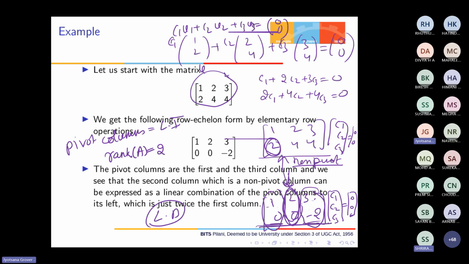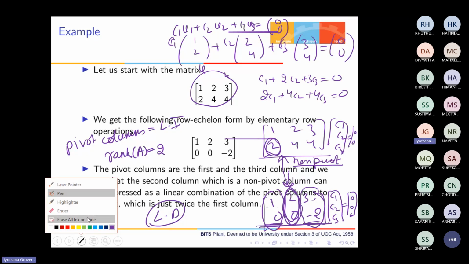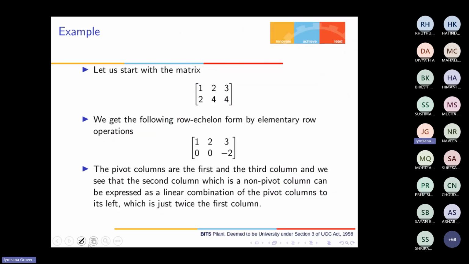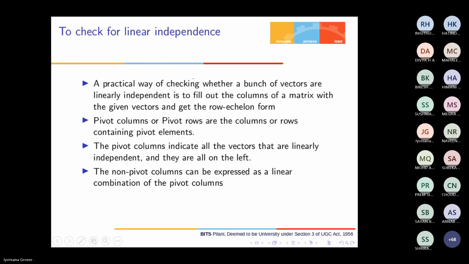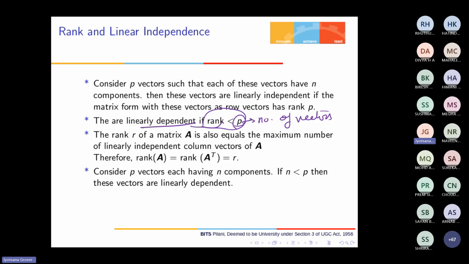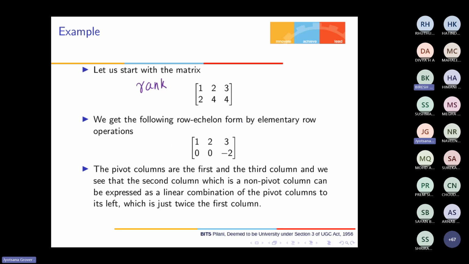Okay. Now let's get back to what we want to say. We have concluded that if the rank of the matrix is less than the number of vectors, here the rank of the matrix is 2, which is less than the number of vectors, 3.